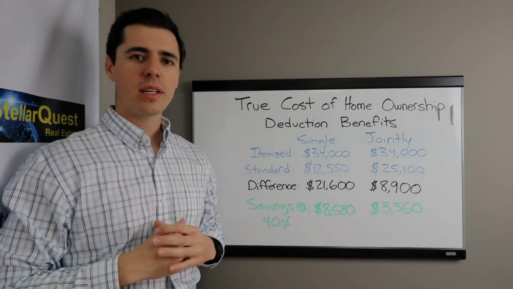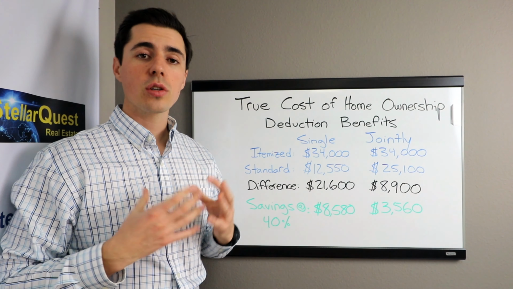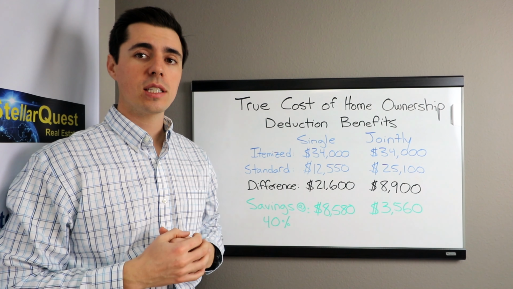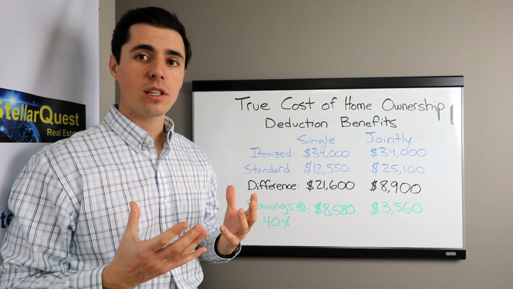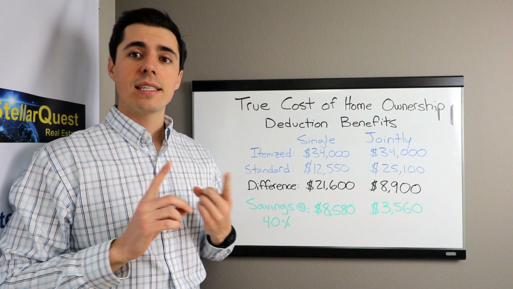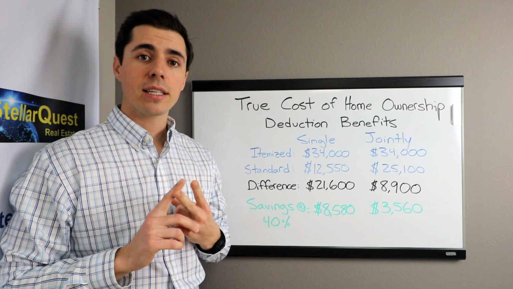Now we're going to compare the total itemized tax deductions you could take if you purchased a home to the standard deduction you could take if you decided to continue renting. Our total itemized deductions on this purchase is $34,000. We're going to compare that to the standard deduction if you're filing singly or jointly.